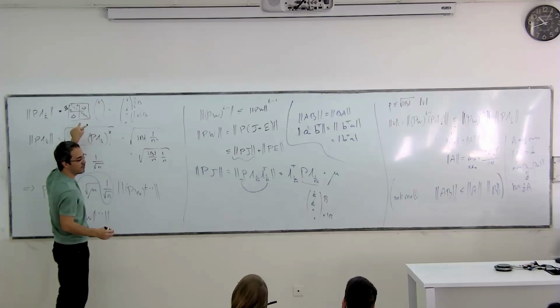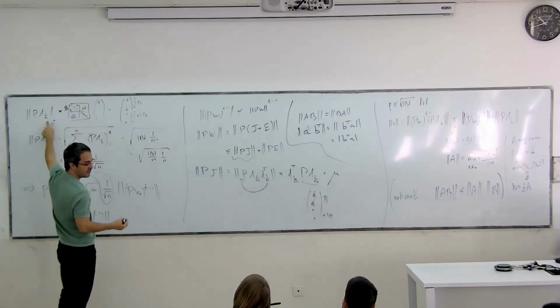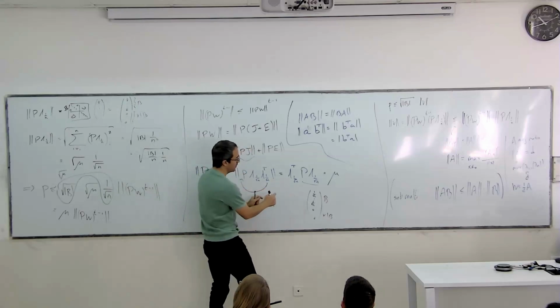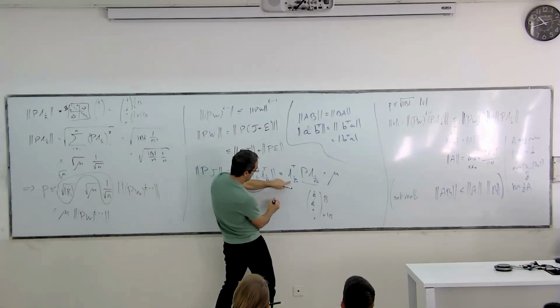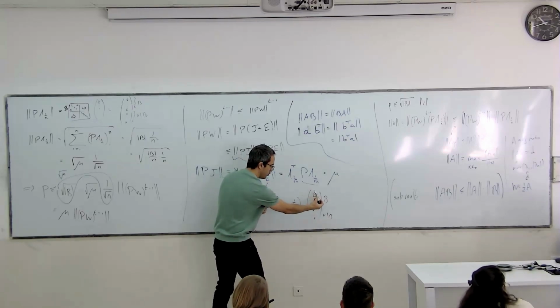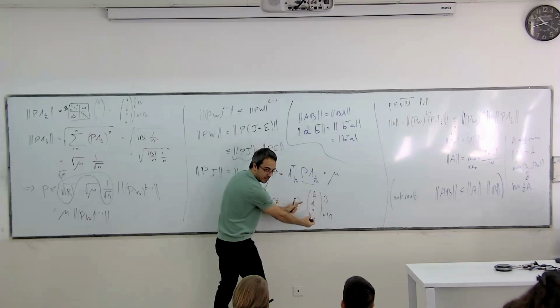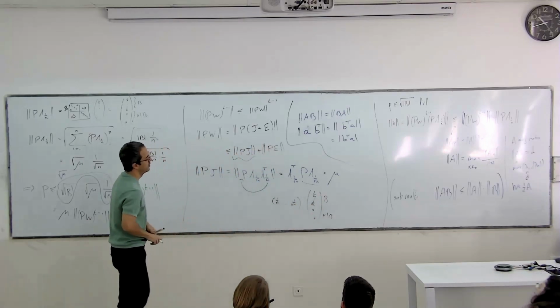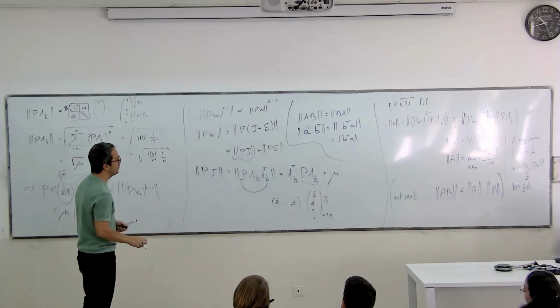We have the 1 over n times p. Same thing, you get 1 over the square root of n. And when you take the product with this thing, which is always 1 over square root of n, you get 1 over n times. Good. So this is mu.